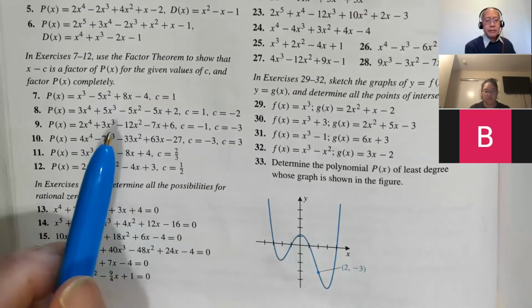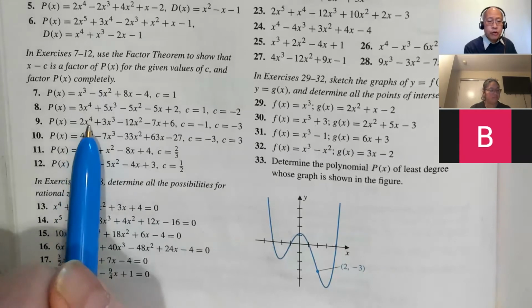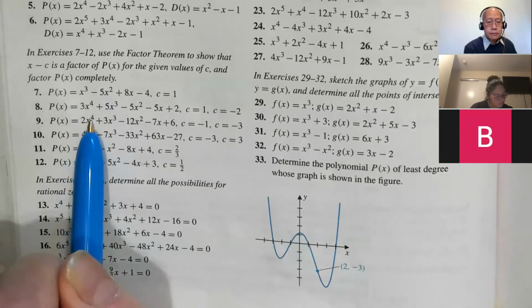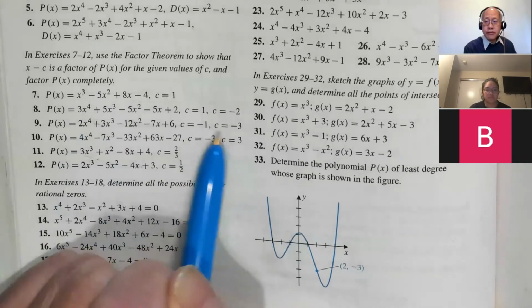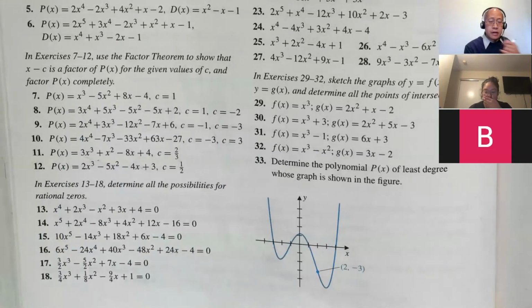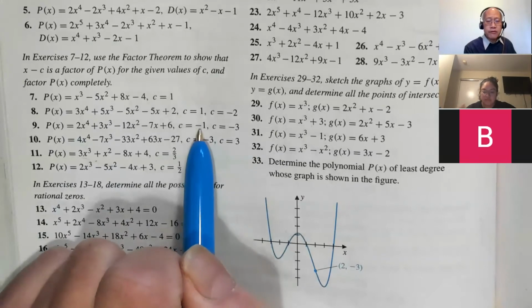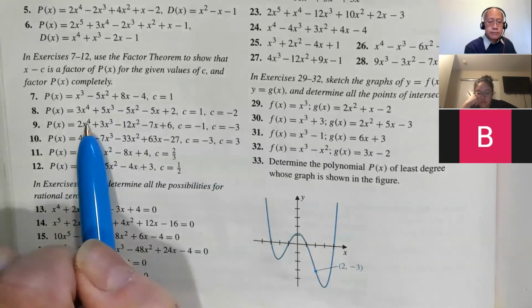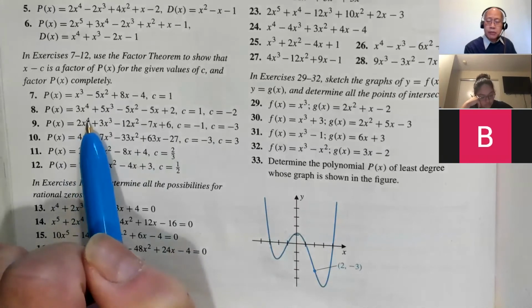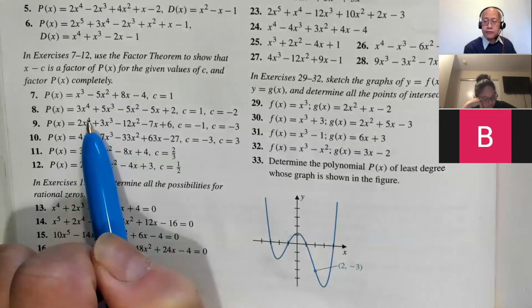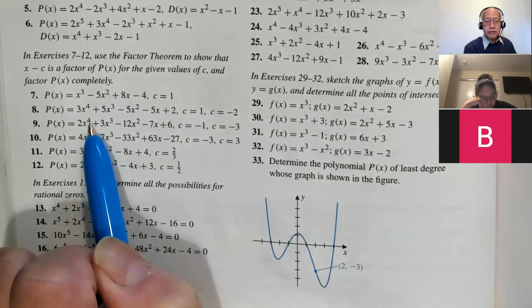Okay, take a look at what happens. You have 4th degree. That means it's going to be 4 zeros. They already give me 2 of them. So if I divide synthetically one of them, I'll be down to 3rd degree. Do the other one, it will be depressed down to 2nd degree. And once I get 2nd degree, I can use the quadratic formula or factor if possible.